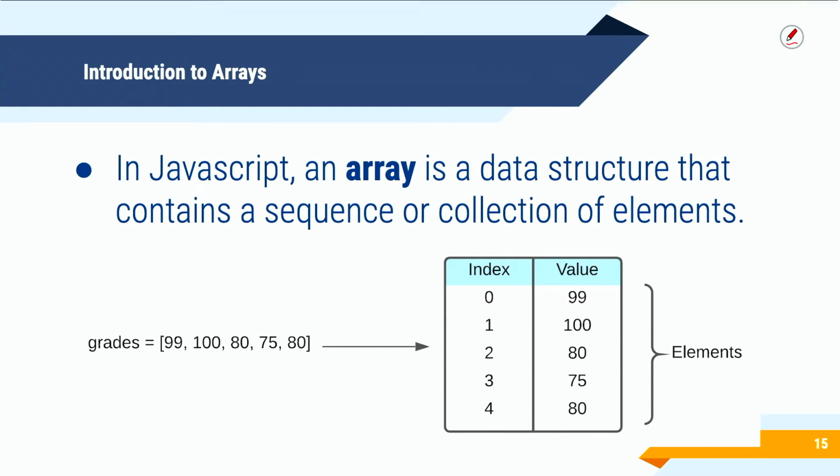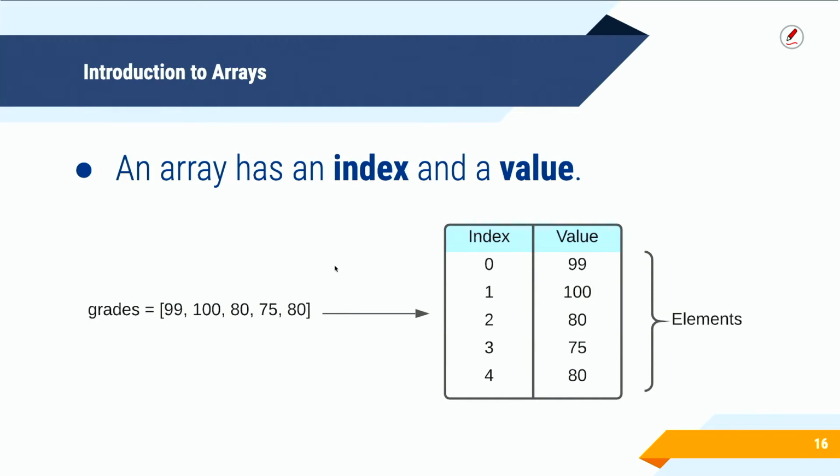Let's take a look at what makes up an array. First off, an array has an index and a value. Think about an index as the position, and the values are like the values that you've stored before in variables.